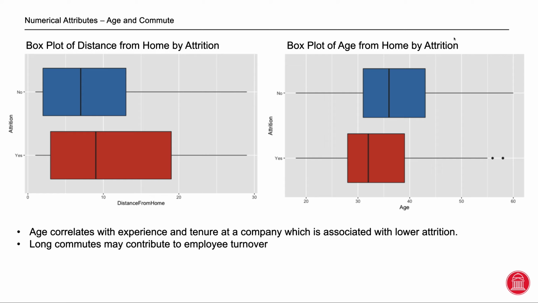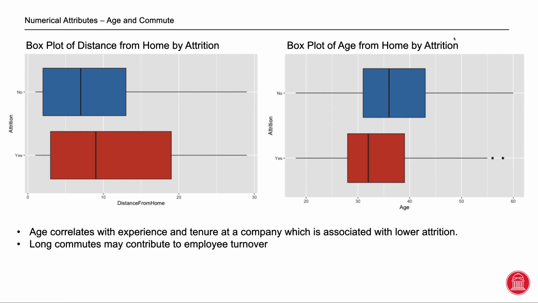We shift gears a little bit and look more at numerical attributes. In particular, we pulled two that were of interest: the age of the employees and the distance of their commute. You can imagine if you have a long commute, it's possibly going to lead to leaving that job as you get stressed out over how long that commute takes.